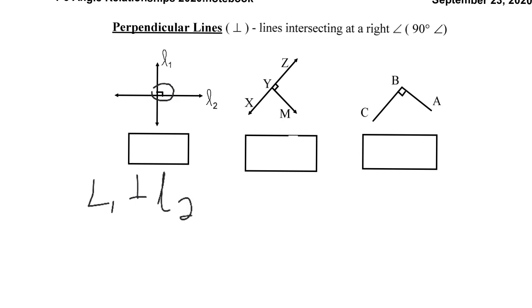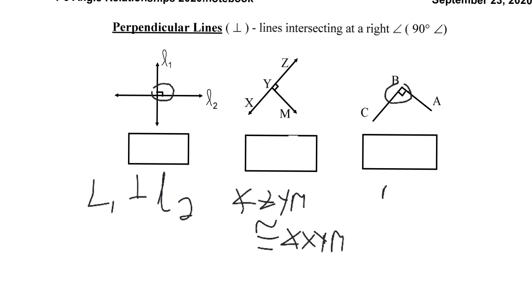In the second example, we have also two lines perpendicular to each other, and we can say that in this case angle ZYM is congruent to angle XYM. This also means that both angles are congruent, so therefore they measure 90 degrees. The third example: we know that this angle is a right angle.